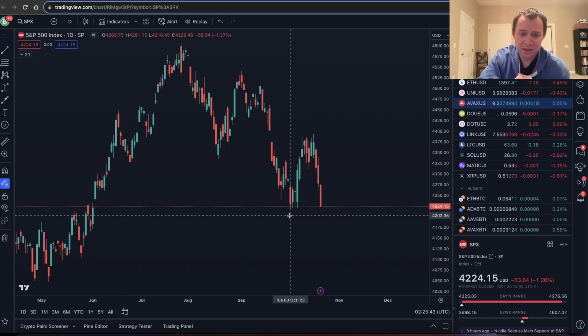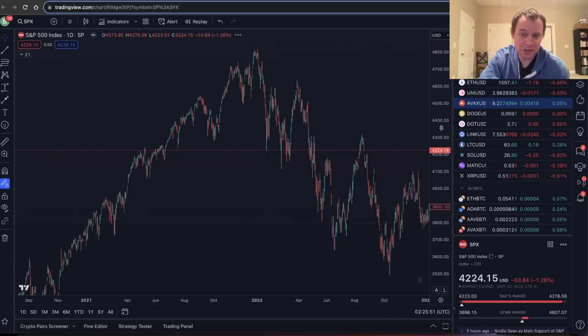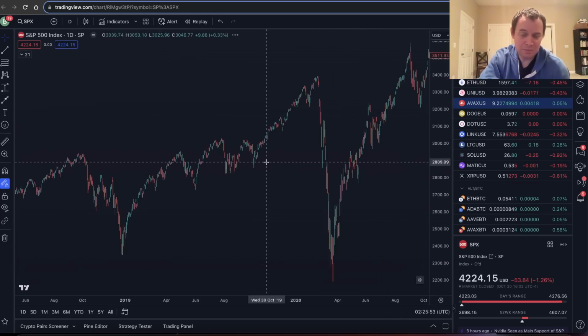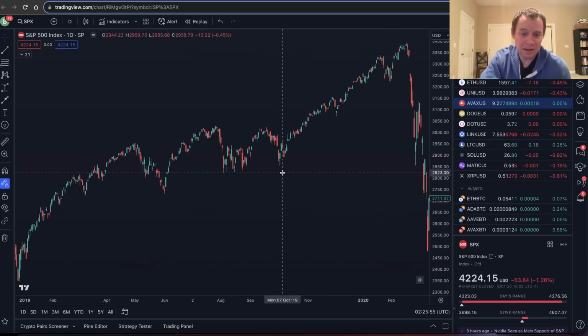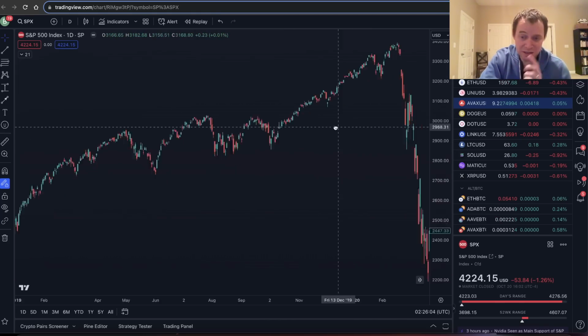And in fact, October 3rd was the date we discussed, because October 3rd is where the low was, but also October 3rd is precisely where the S&P 500 got a bounce back in 2019. You can see that it bounced, it then came back down, and then continued to go up.